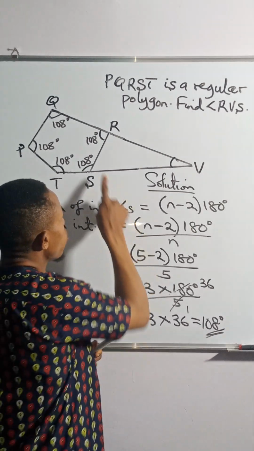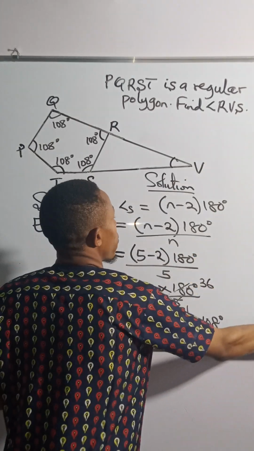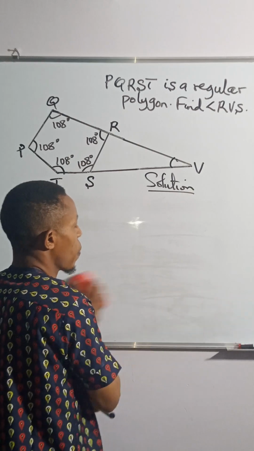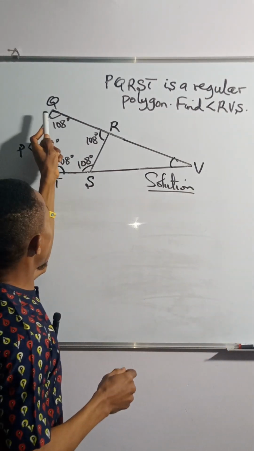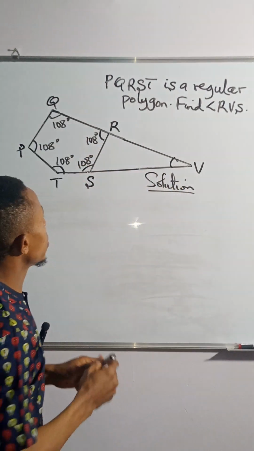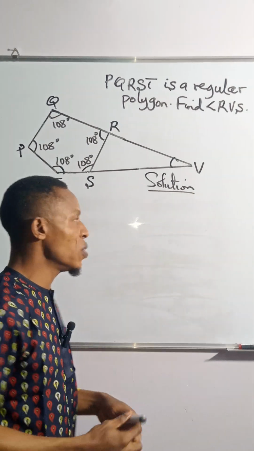Now, with the knowledge of what we have obtained, let's see how we can find angle RVX. Going back to our question, if you observe this line, you see that it is a straight line, and the sum of angles on a straight line is 180 degrees.